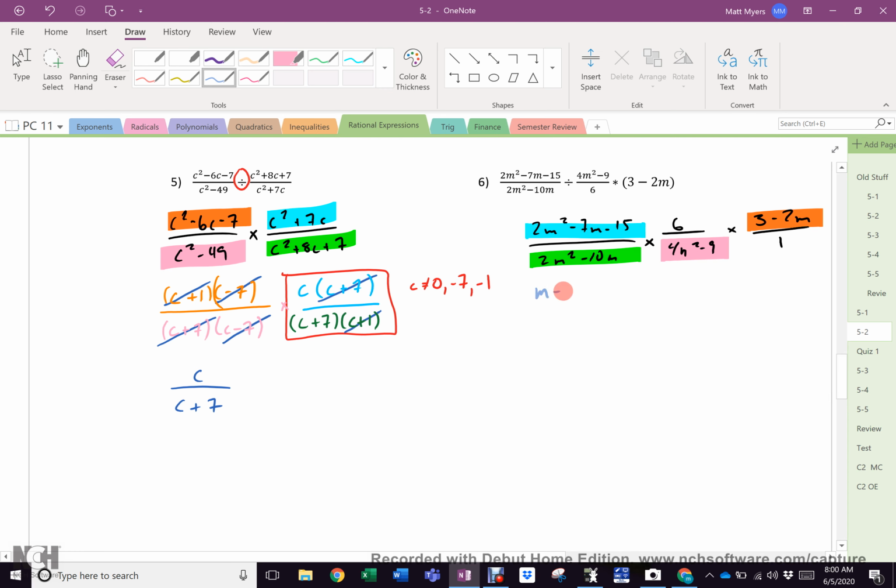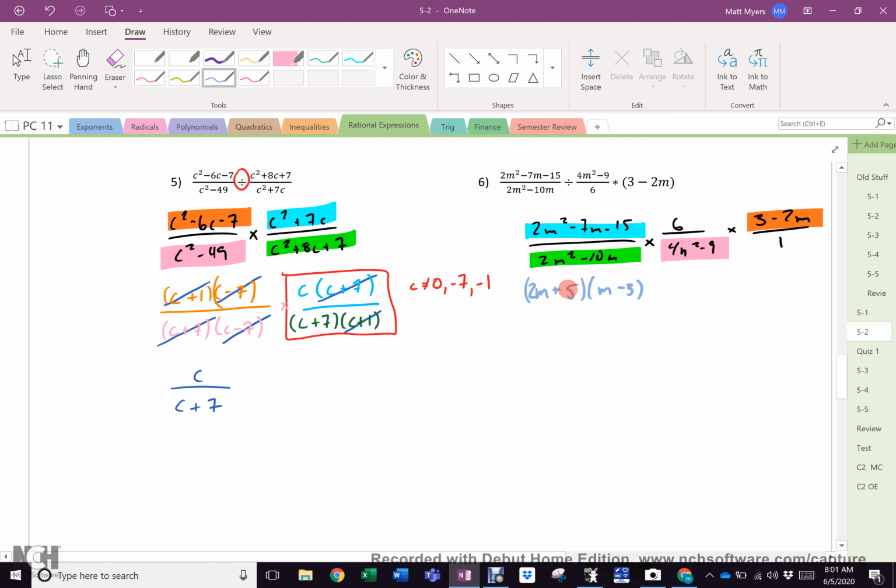m minus 5 and m plus 3. Oh, sorry, 2m minus 5 and m plus 3. No, I'm sorry, that's not right. It's the other way around. It's 2m plus 5, m minus 3.